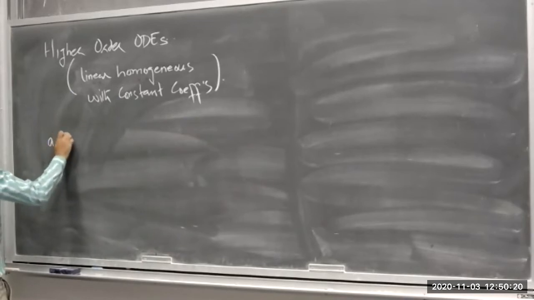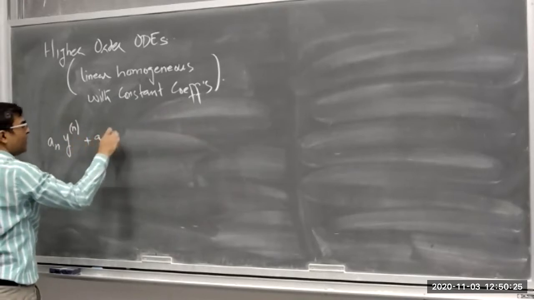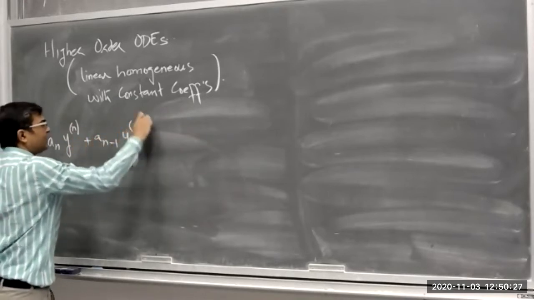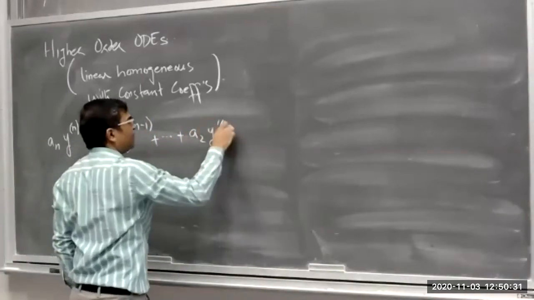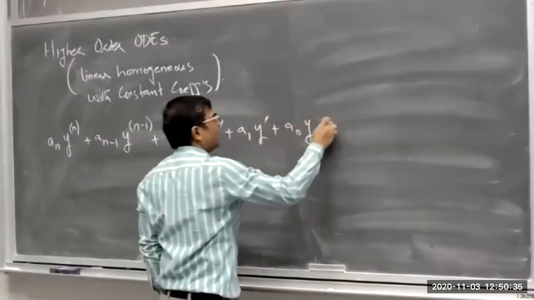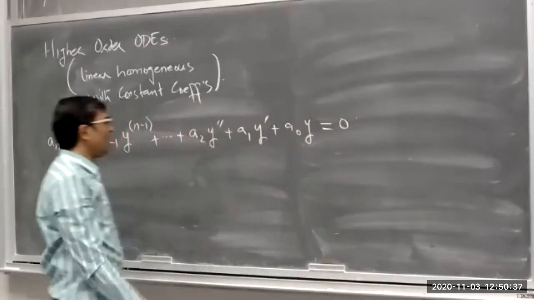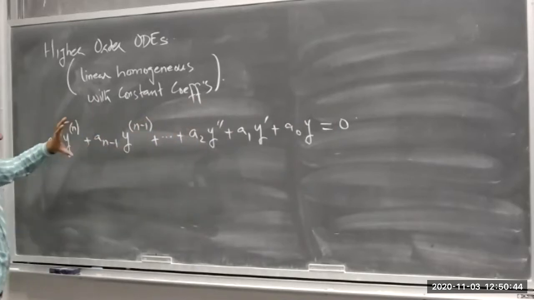So we can write the general nth order homogeneous linear ODE with constant coefficients in this way: an y nth derivative plus an minus 1 y (n minus 1)th derivative plus and so on plus a2 y double dash plus a1 y dash plus a naught y is equal to 0. So this is your general nth order linear homogeneous ODE with constant coefficients.